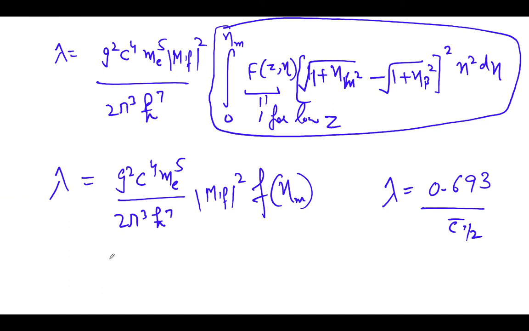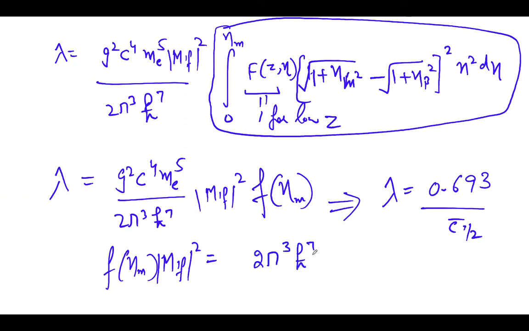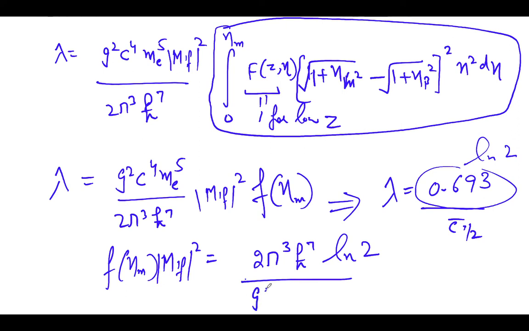So this right hand side we can equate, so this becomes f of eta m times Mif squared equal to 2 pi cubed h raised to power 7, log of 2, over g squared c to the power 5 me to the power 5 into tau one by two.